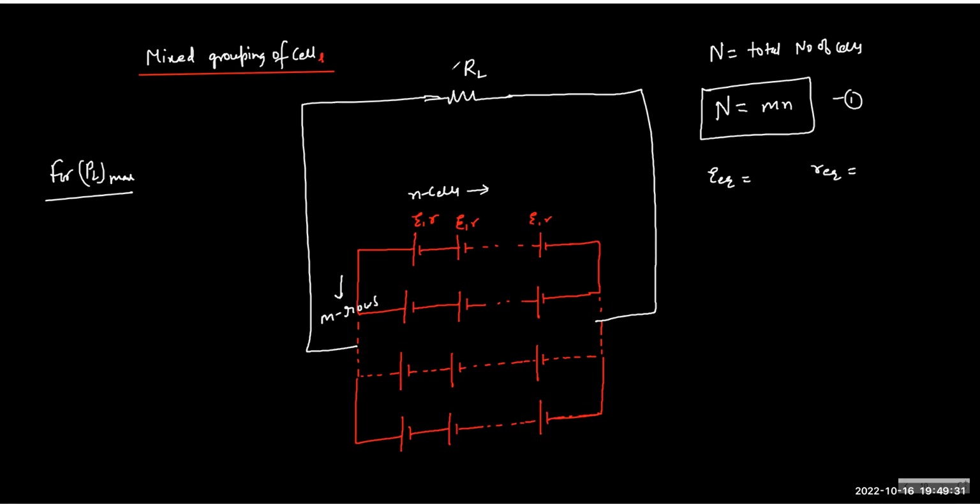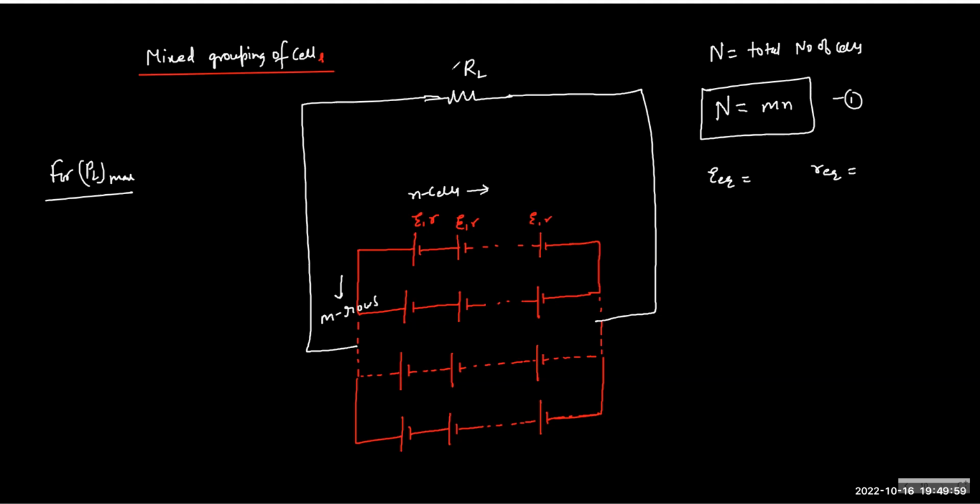What is the E equivalent for each row? You know the answer, we have done this as the first question. For one row, it is nE.